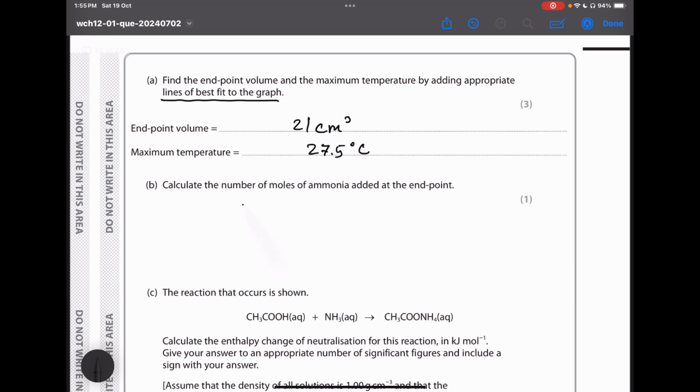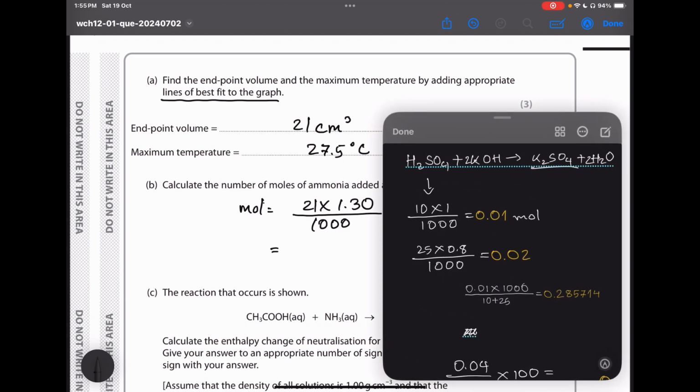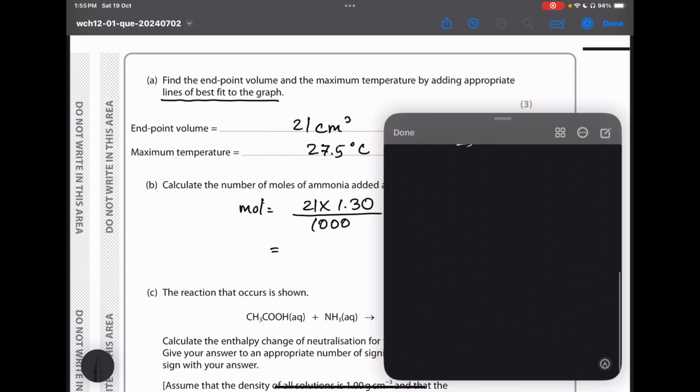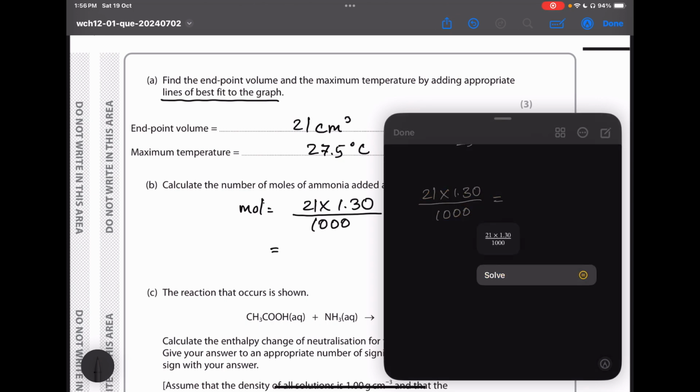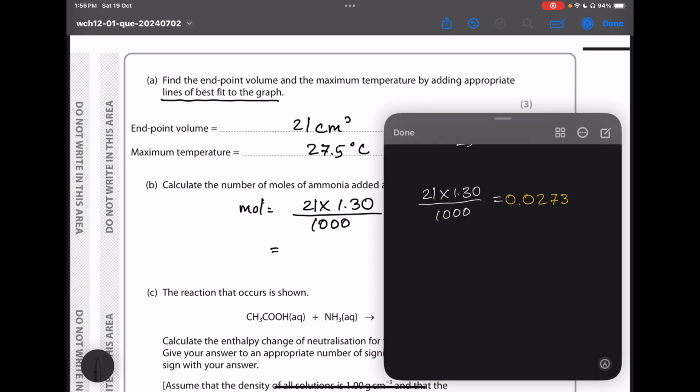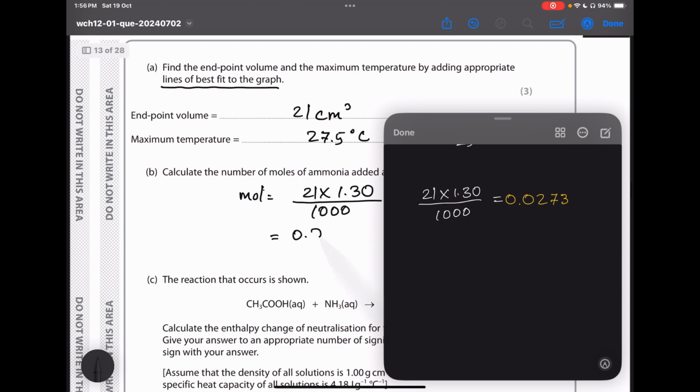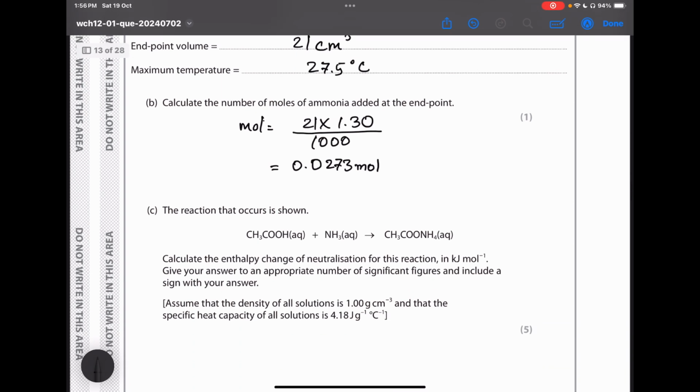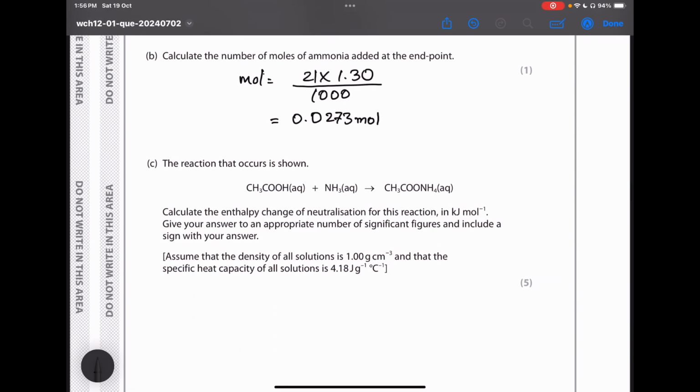The mole is going to be 21 times 1.30 over 1000, which gives us 0.0273 mole.